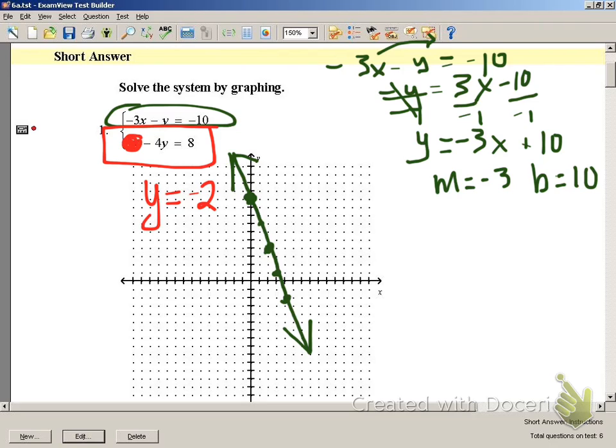So that means I'm going to put a point at negative 2 on the y-axis. Also, solving the other one, I'm going to cover up y, and I'm going to solve that equation for x. So x would equal 2. Then I'm going to plot that point. So then I have a line that's going to go between those 2 points.